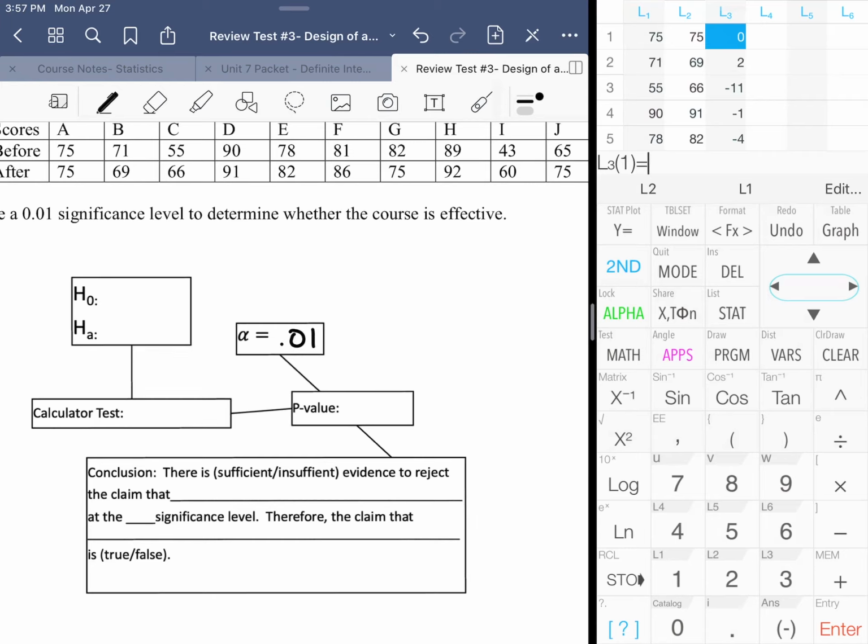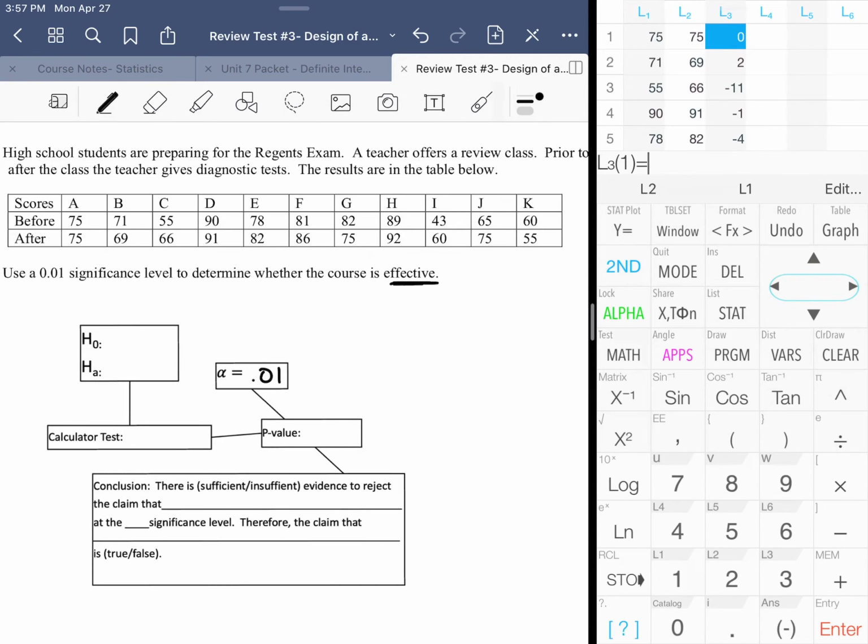We're going to use an alpha equals 0.01. And we want to know if the course is effective. Effective can mean so many things.